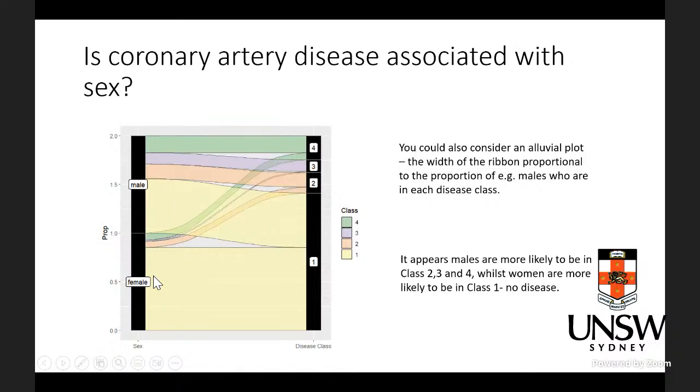And then the females, we've also got a lot going to class 1, and we've got these thinner rivers of people going into classes 2, 3, and 4. Some people like these alluvial plots and find that a good way to get the information across. I would just say experiment and see what looks good on your data set, what's conveying the message the best, because the alluvial plots can look a bit messy if you have a lot of categories.